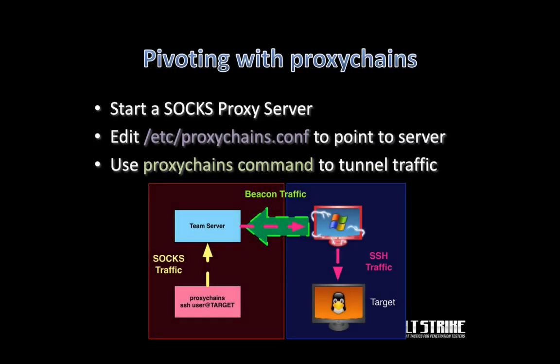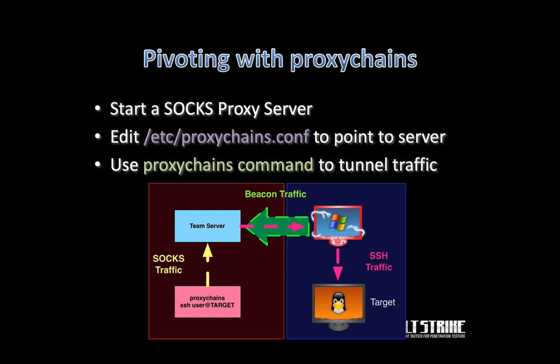Let's say that you have an application that you want to push through a SOCKS proxy, but it is not proxy aware. Well, you can use Proxychains in this case. Proxychains is installed on Kali Linux, but there might be a package for Ubuntu or whatever you're operating from.